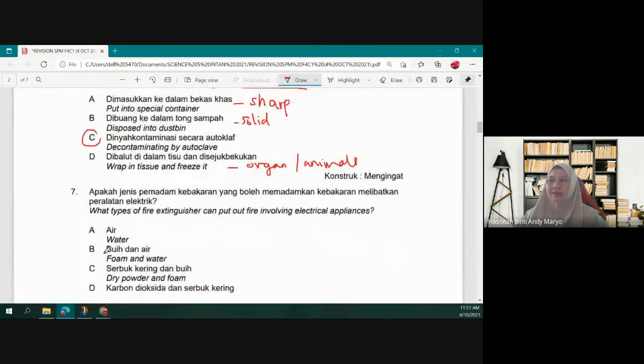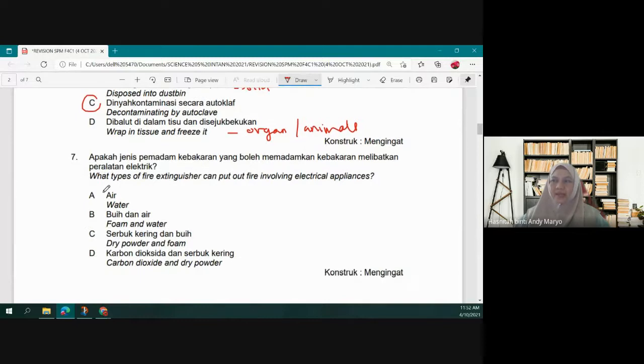Okay, number 7, students. For question 7, they ask you to study what types of fire extinguisher can put out fire involving electrical appliances. So you highlight involving electrical appliances. You learned last year how many types of fire extinguisher that we have.